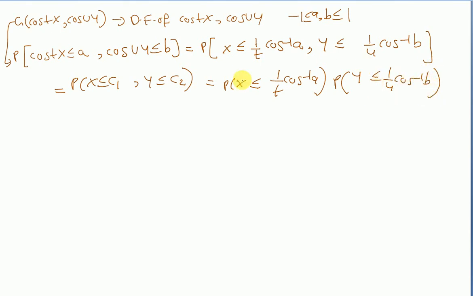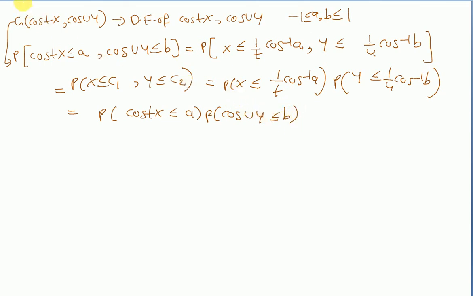Fine. And after rearranging the terms, we can see probability cos tx is less than or equal to a times probability cos uy is less than or equal to b.